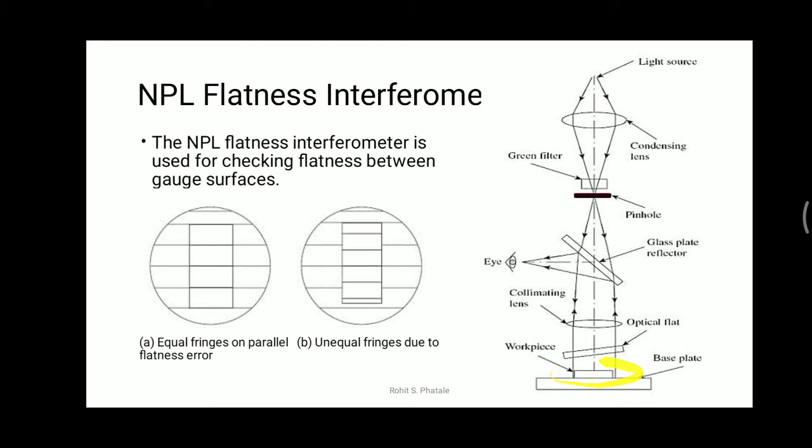Now suppose we want to measure the flatness of this slip gauge, then the slip gauge is rung on this base plate. The slip gauge has to be fixed on this base plate by the ringing process. If the gauge and the base plate are parallel, then the optical flat is equally inclined on both the surfaces.